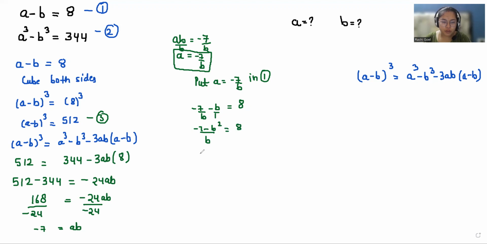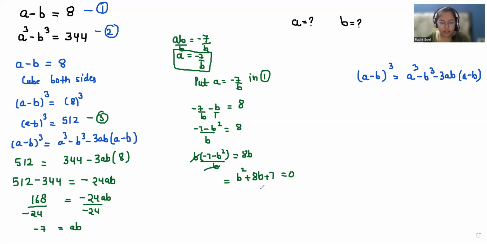I'll multiply both sides by b. So our equation looks like, if I take all the terms together, b square plus 8b plus 7 is equal to 0.